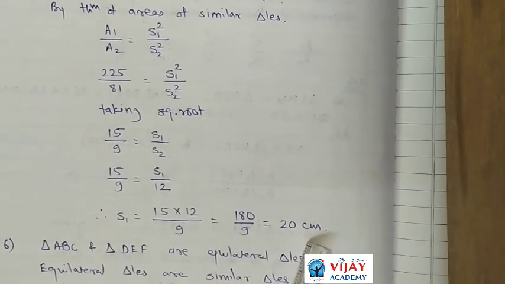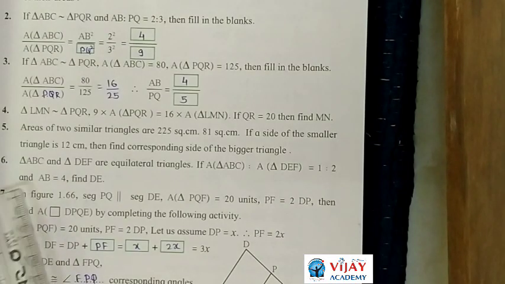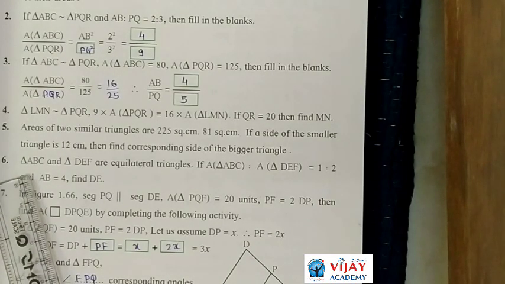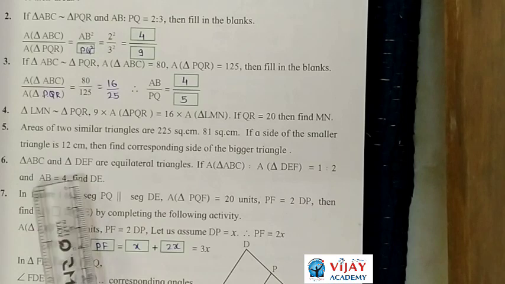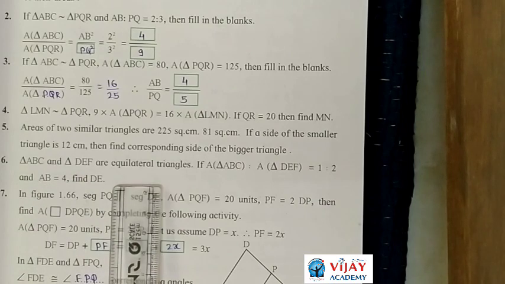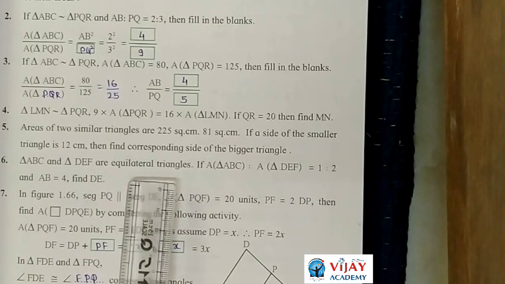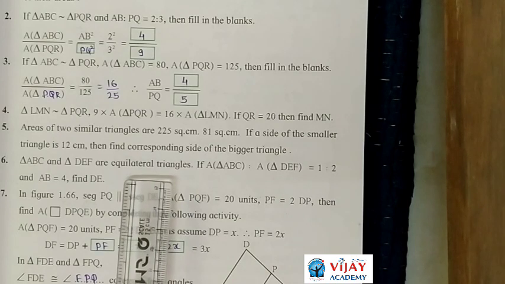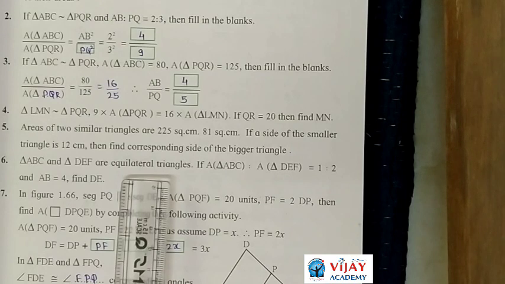So this is the fifth sum, and in the sixth sum you are given triangle ABC and triangle DEF are equilateral triangles, and you know that in equilateral triangles all sides are equal and all angles are also equal.